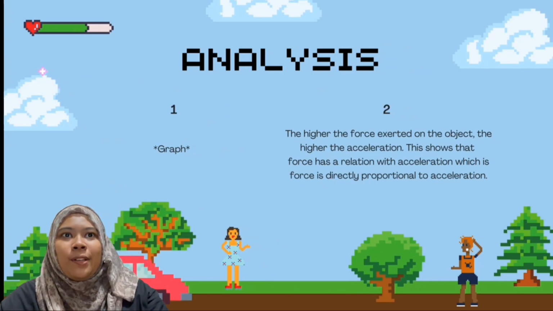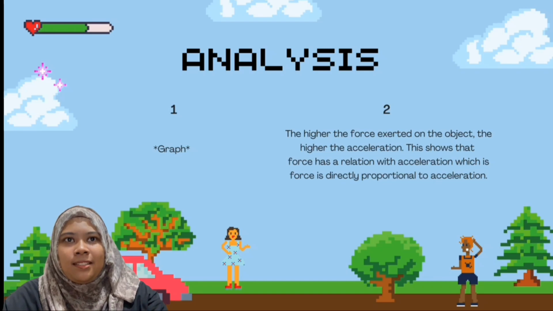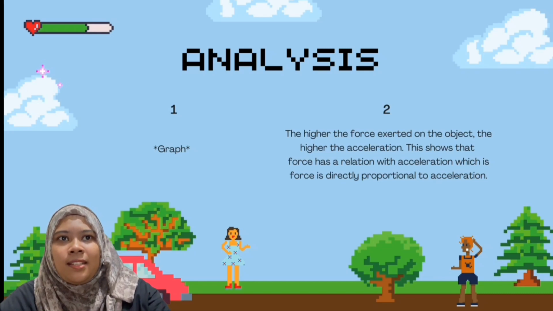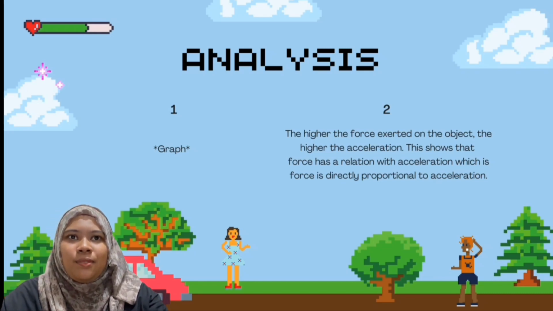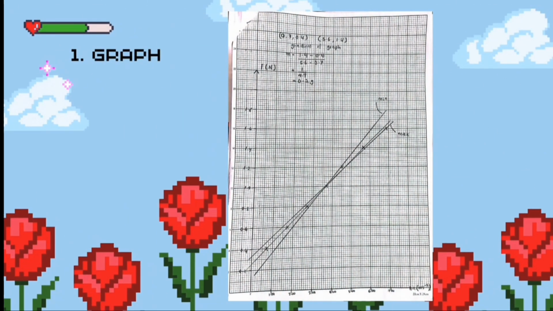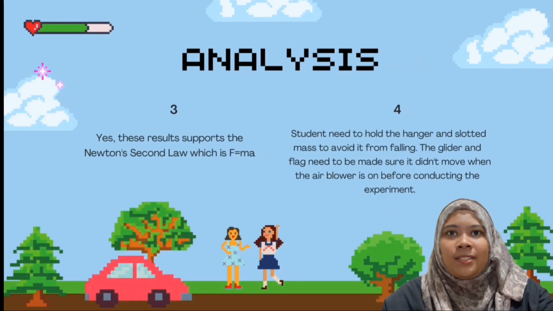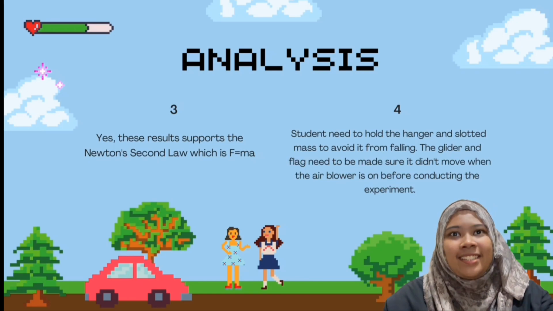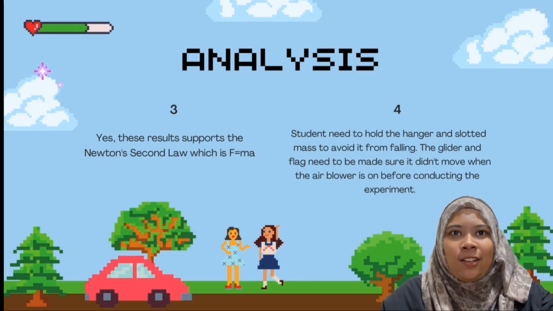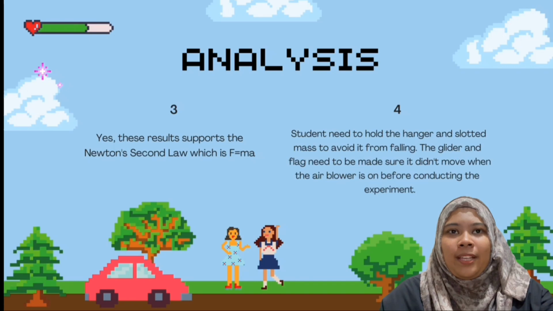For question 2, the graph tells us that the higher the force exerted on the object, the higher the acceleration. This shows that force has a relation with acceleration, which is force is directly proportional to acceleration. Yes, this result supports Newton's second law, which is F equals ma.